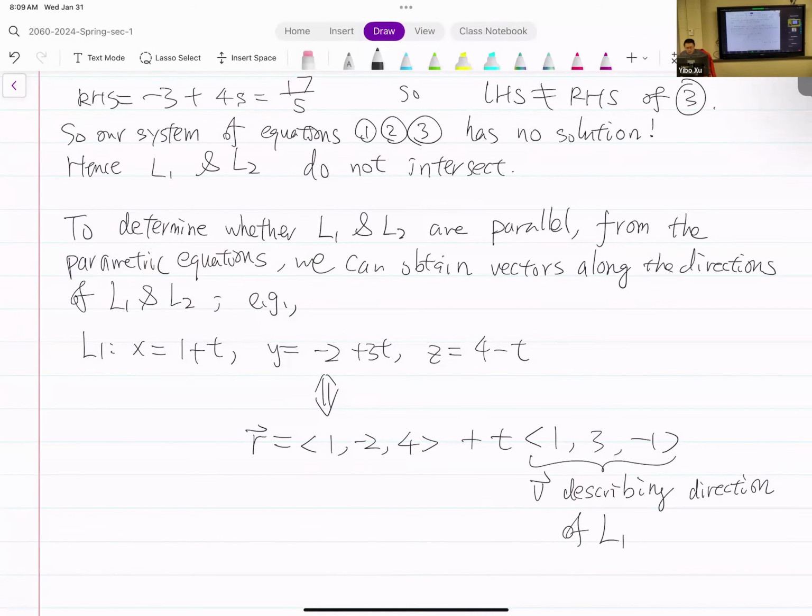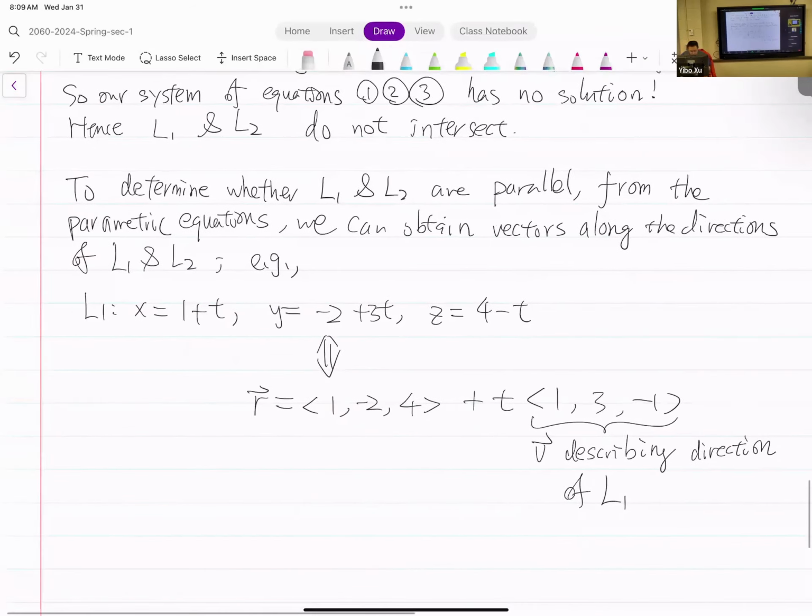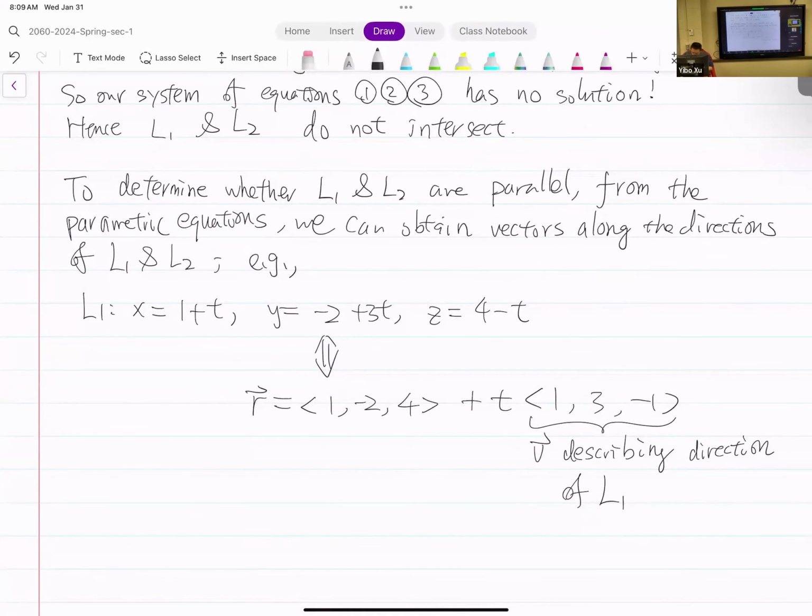And then you can do the similar thing for the parameter s with respect to L2. So here we can conclude that <1, 3, -1> is along the direction of L1.